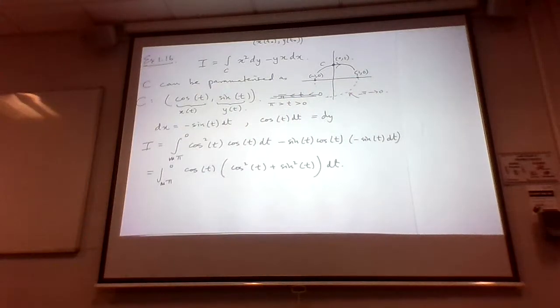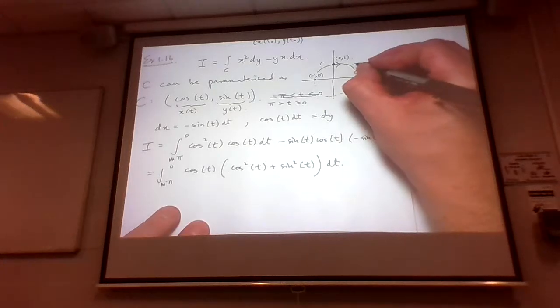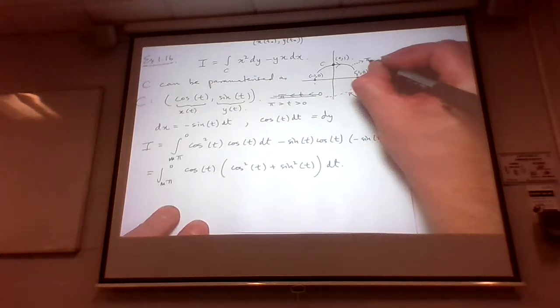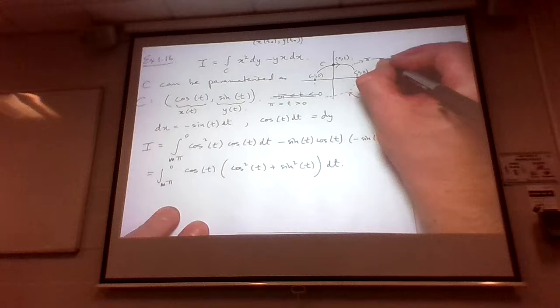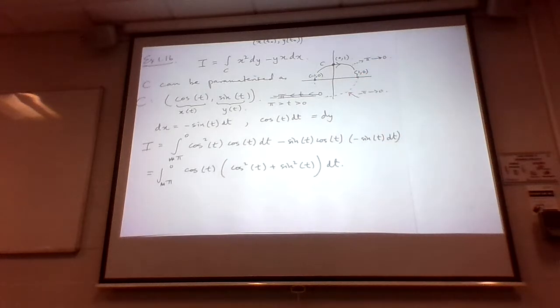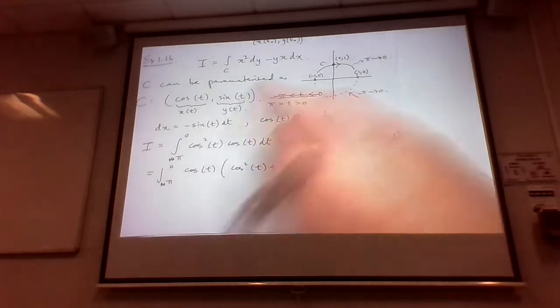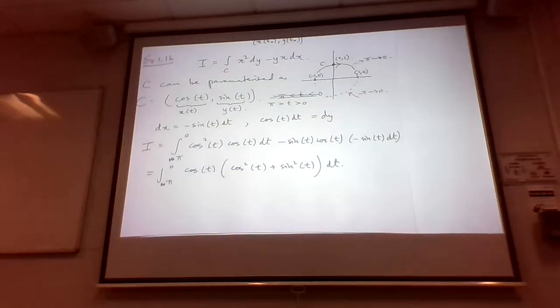Yeah, thanks for spotting that. So this upper branch is t starting at pi and descending to 0. Okay, but everything else goes through the same.